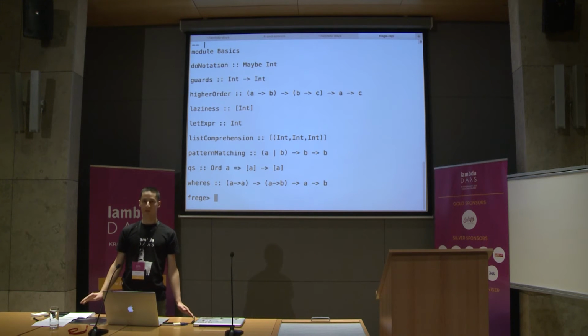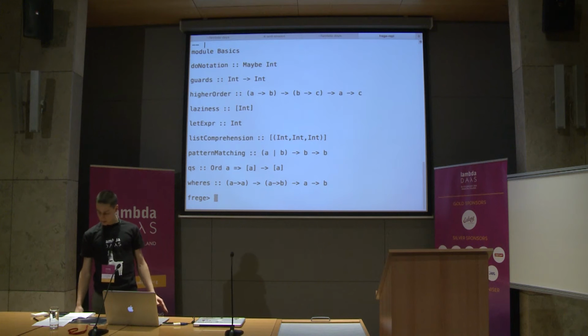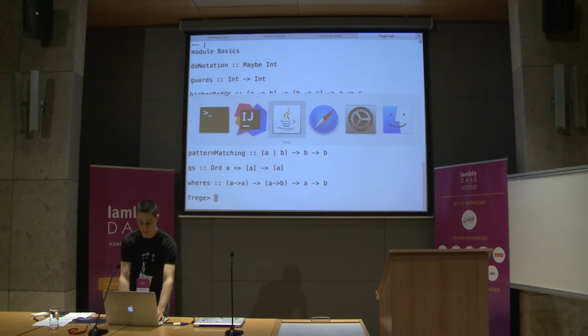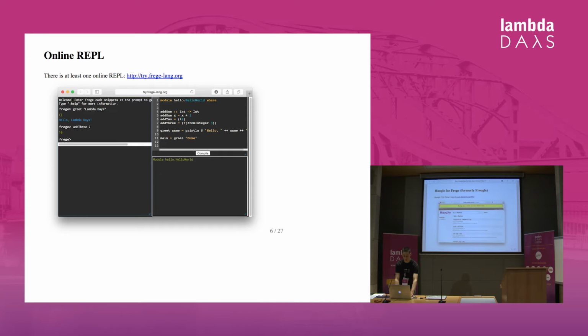So we know just the basics now, and we can attack our problem. We want to make this JSON-linked service. So the first thing which we need, oh, sorry, I was too quick. There is an online REPL also.